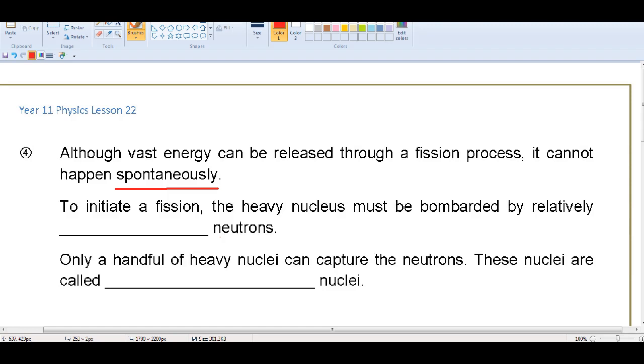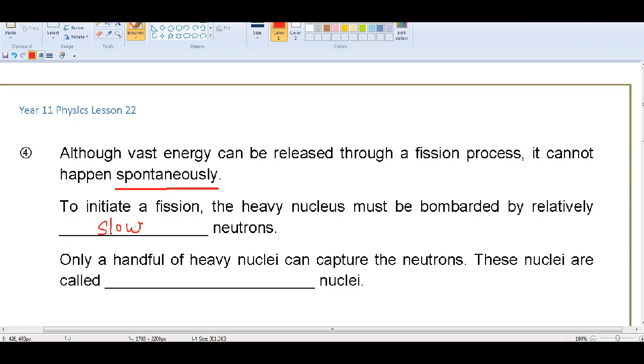So neutrons just pass through the uranium without splitting the heavy nucleus. To make that fission happen, you need to have a slow neutron. Okay, so that's very important. You understand that? You need to have relatively slow neutrons. That's why it's impossible to happen in nature, because in nature we don't have such slow neutrons.